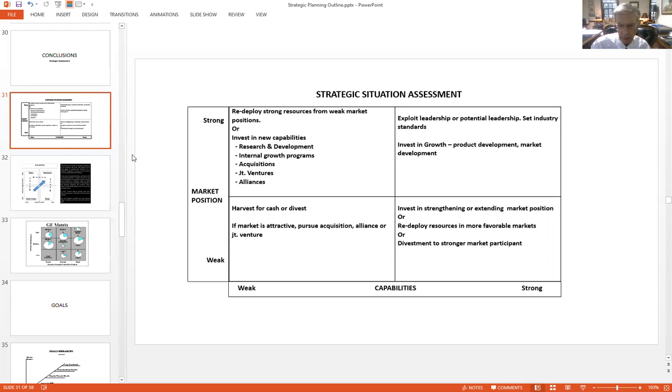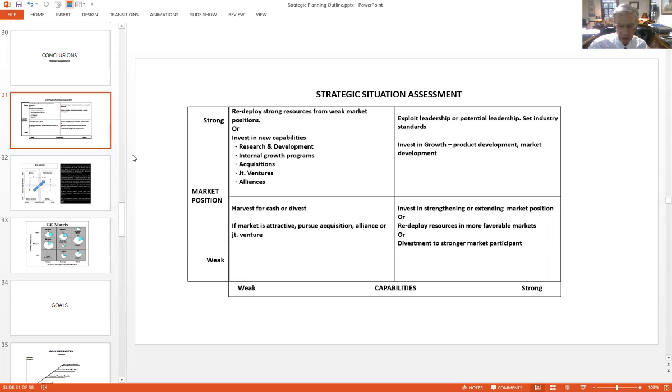And depending upon the combination of those two factors, that is to say, the external environment and internal capabilities, we can rationalize as prescribed in this chart.